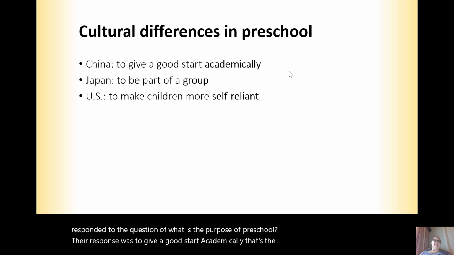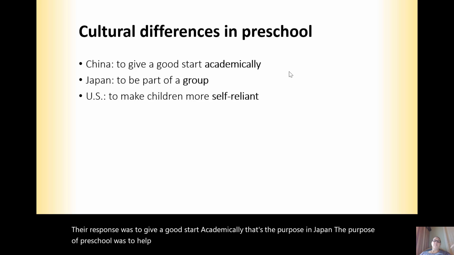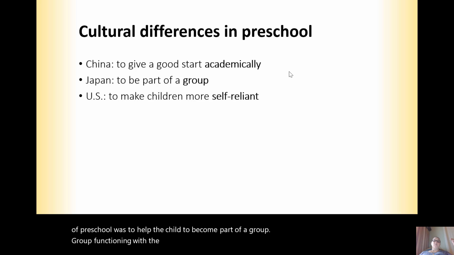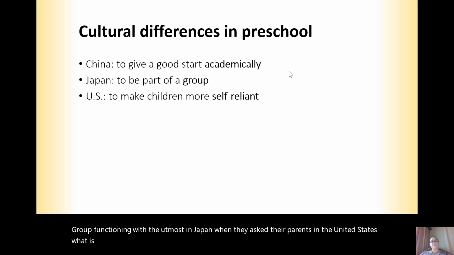In Japan, the purpose of preschool was to help the child to become part of a group. Like group functioning was the utmost in Japan. When they asked the parents in the United States, what is the purpose of a preschool? Their response tended to be more to make the children more self-reliant.